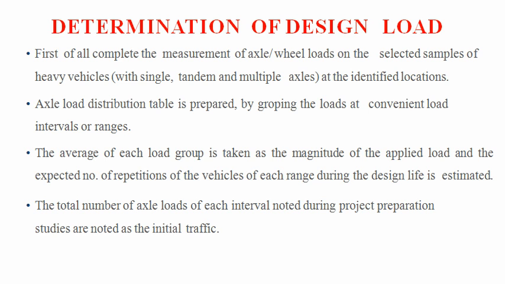Then the average of each load group is taken as the magnitude of the applied load, and the expected number of repetitions of the wheels or vehicles of each range during the design life is estimated. The total number of axle loads of each interval noted during the project preparation studies is taken as the initial traffic.